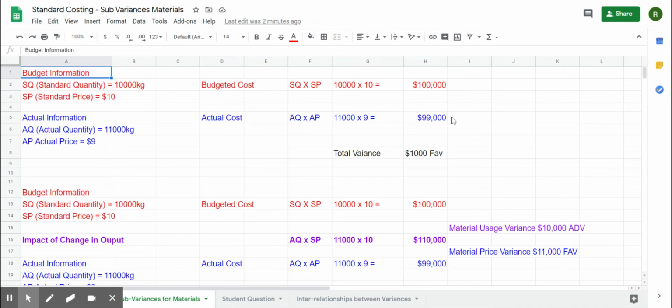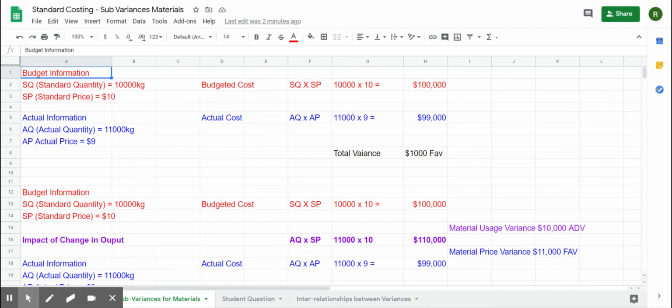And again, if you've hopefully watched the video that I've already done on favourable and adverse, that would be a favourable variance because overall the cost of material has decreased from $100,000 to $99,000. Pretty straightforward stuff. It's favourable because it's positive for profit. The profit is going to increase because our costs have decreased.